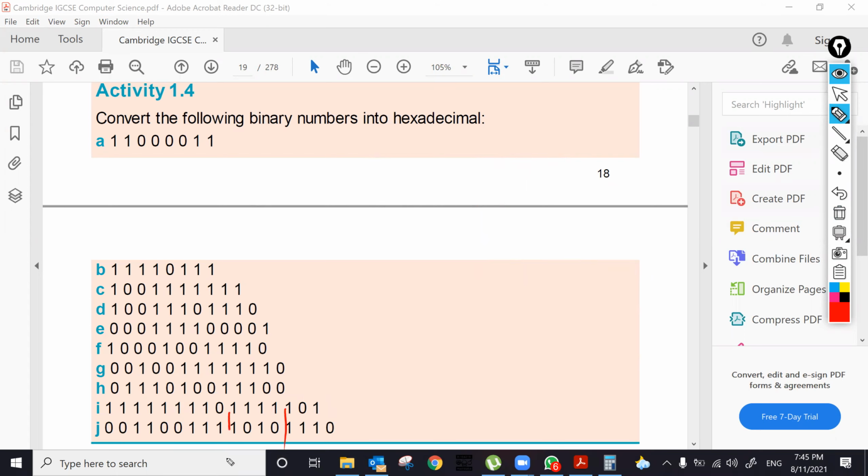Here, this one: 8, 4, 12, 12, 14. 14 is E. Correct? Yes. This one, 8 plus 2 is 10, A. This one, 7.